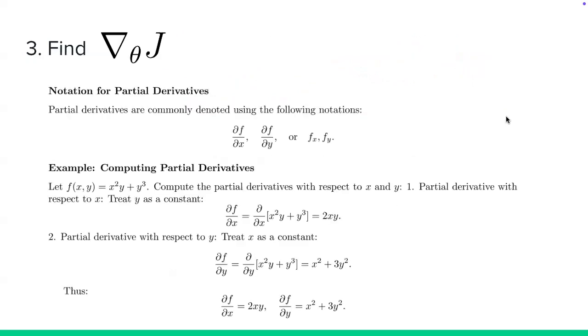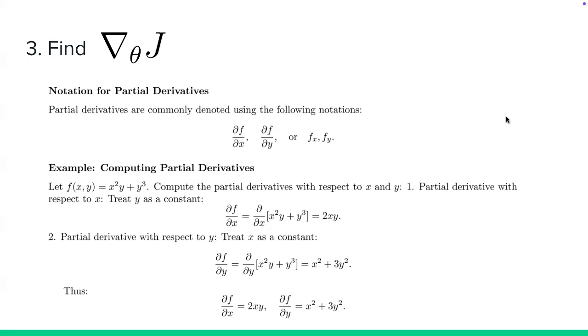Before we take the gradient, I just want to review what a partial derivative is. In math class, you looked at f of x, a function with respect to one variable. f of x equals x squared plus 2x plus 4, or f of x equals 5x plus 7.